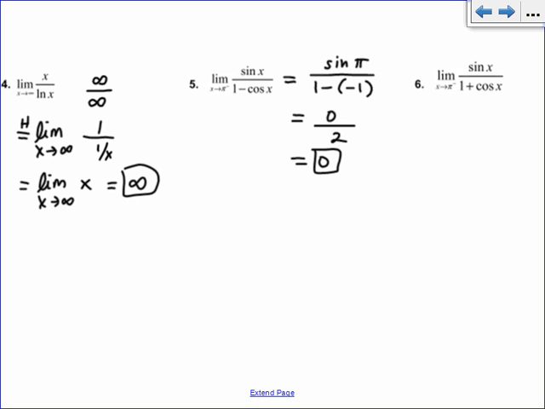What if we had something similar? What if we had sine of x over 1 plus cosine of x? This is the one that gives us 0 over 0, because we have 1 plus a negative 1. When we do L'Hopital's rule, the derivative of sine is cosine. The derivative of 1 plus cosine of x is negative sine of x.